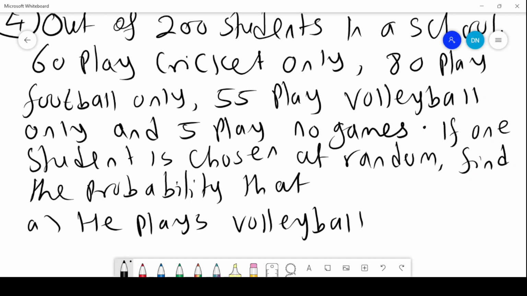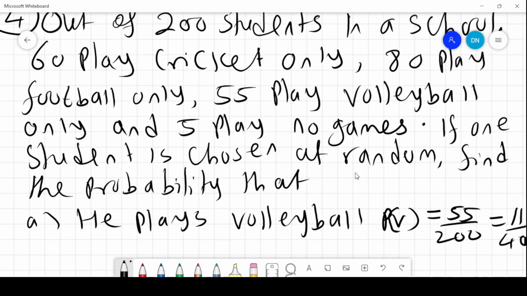So one student is picked at random. What is the probability that he plays volleyball? Therefore, the probability of volleyball should be the number that play volleyball, which is 55, divided by 200, which is 11 over 40. So that is the probability that a student plays volleyball in the school.